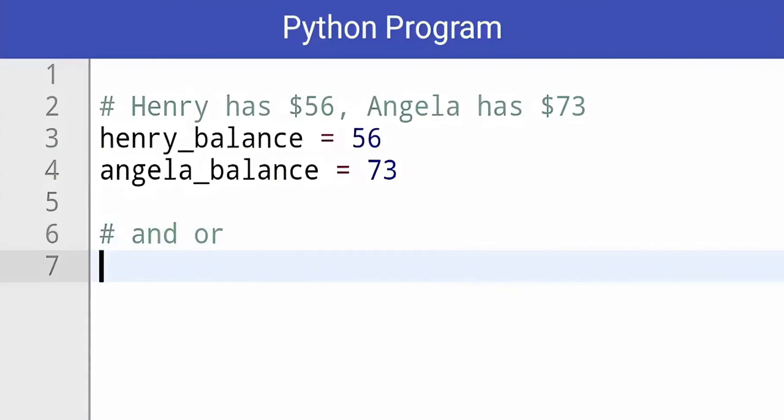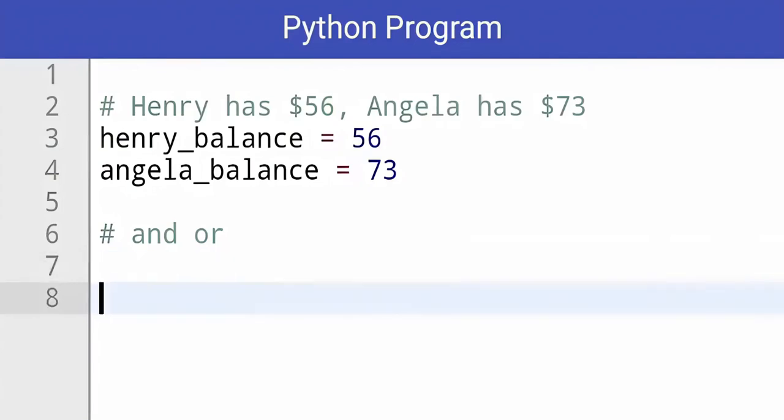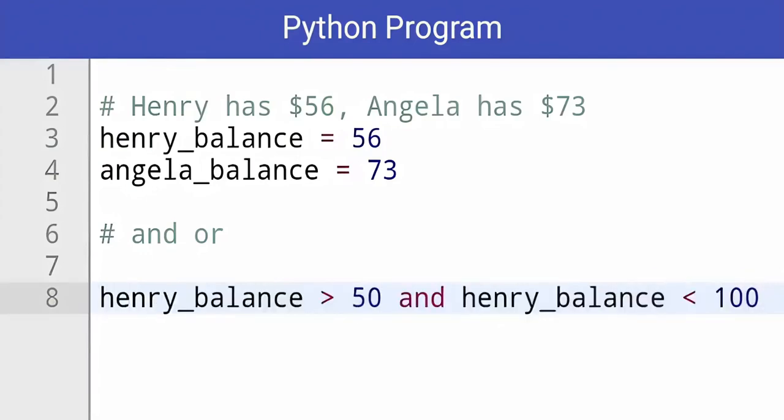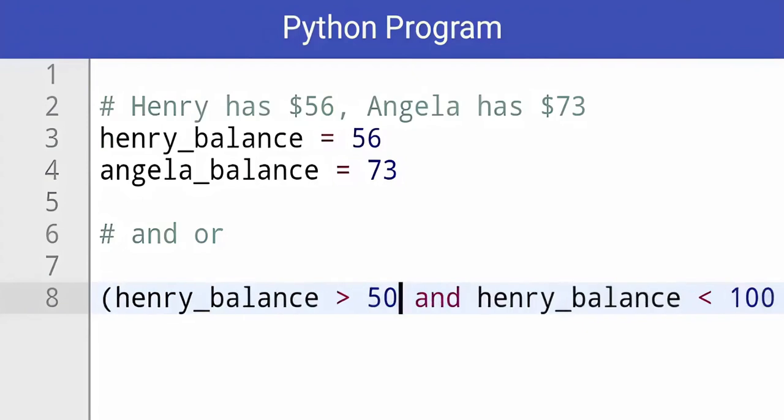So let's say we want to check if Henry's balance is in the range of 50 to 100. In order to do this, we'll write out this code. And as you can see, we are checking if Henry's balance is greater than 50 and Henry's balance is less than 100. So let me put this in parentheses to make this a little bit more readable.